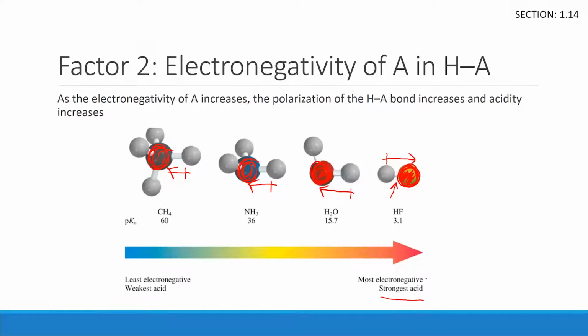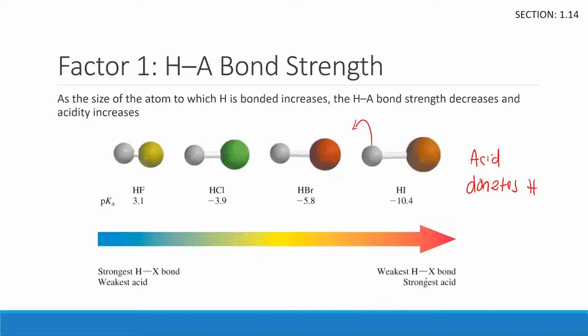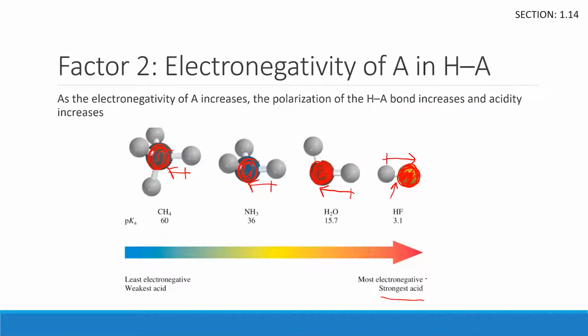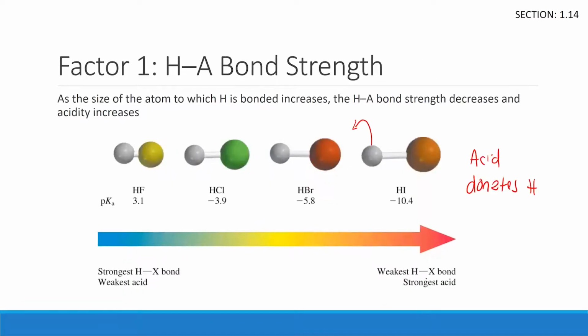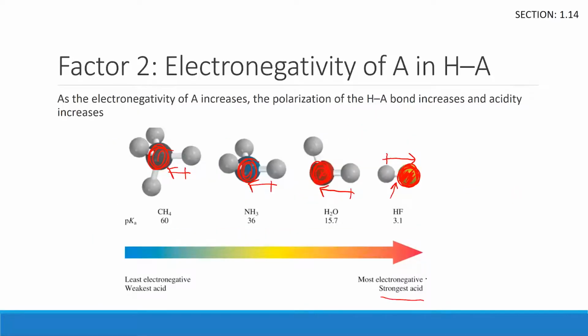Now, I want to point something out between this slide and this slide. We're talking about electronegativity here and size here, and they kind of combat a little bit. So when talking about the partner directly connected to the acid, you have to keep these both in mind. So electronegativity is important when comparing something that's more electronegative attached to the proton, but size is also important.